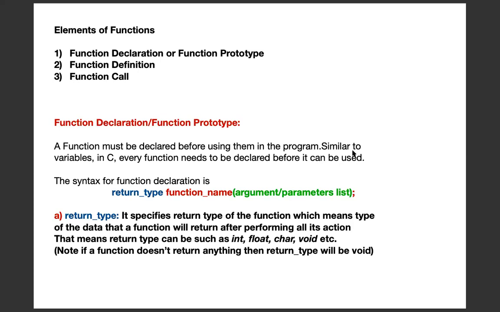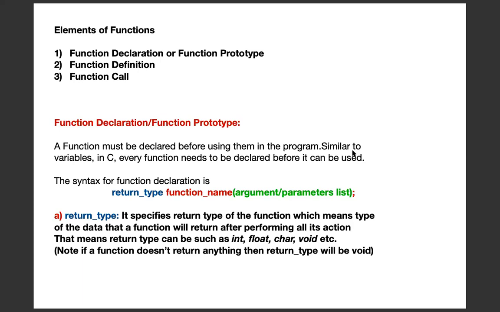The elements of a function are, first, we should have a function declaration. We'll see what a function declaration is later on. The first and most important thing before we write a function in a program is that we should declare the function.